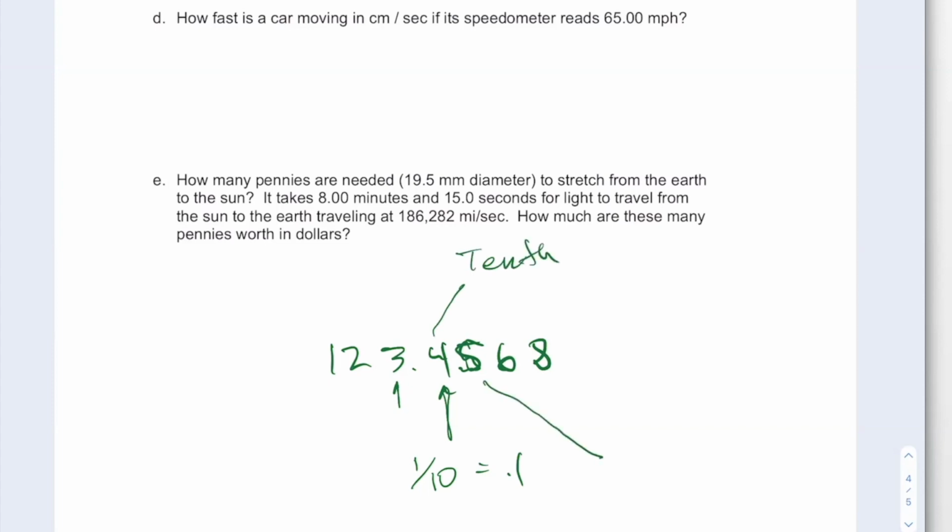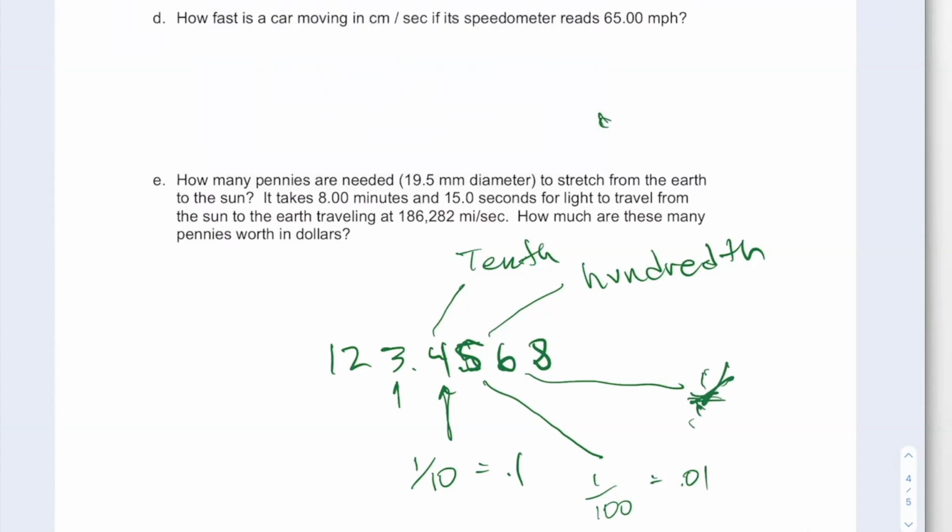2 digits over, if you have 1 over 100, that's 0.01. So 2 digits over from the decimal is called the 100th, because 1 over 100 is 0.01. 3 digits over is called the thousandth, because 1 over 1,000 is 0.001.